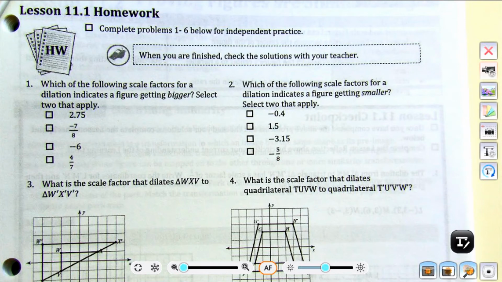So we already know that these two figures are dilations. So we have the pre-image HIJK, and then the image is H prime, I prime, J prime, K prime. Okay. So what we want to do to find the scale factor is find a side that is straight. But if we look at the sides of these, none of these sides are straight.